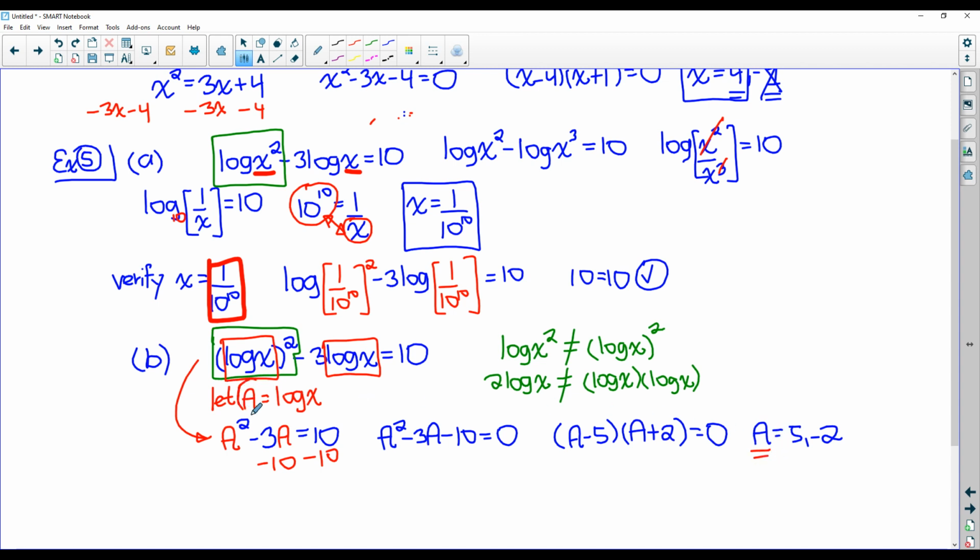So what I now have to do is plug this back in. So instead of a, it's actually log of x. So we'd have log of x would be equal to 5 and negative 2. Sorry, this looks like it's a base. Let's make it so it looks like it's an actual argument.